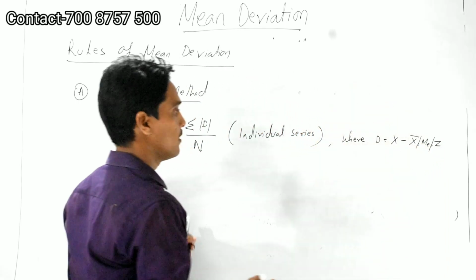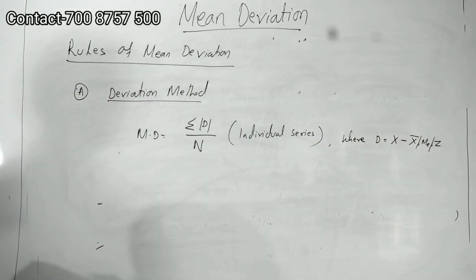X bar is the arithmetic mean, or median or mode.